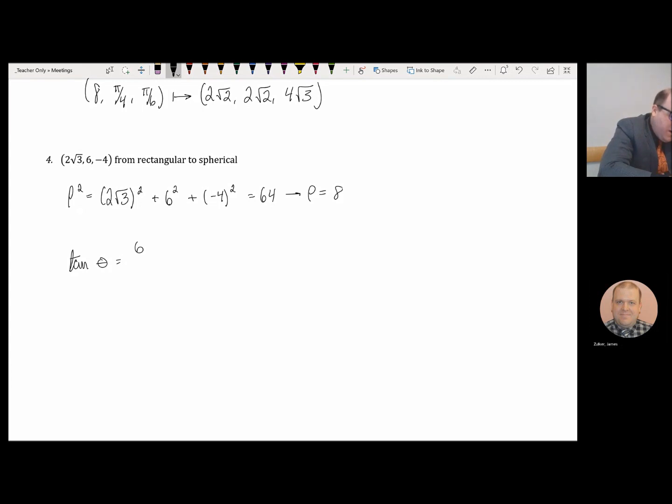Tangent theta is y over x. That's going to be 3 over root 3. Again, now just looking at the XY plane, what quadrant is the projection of our point located in?